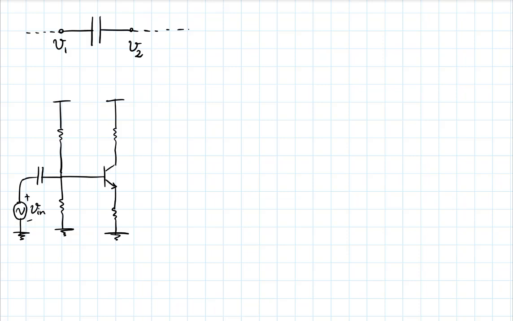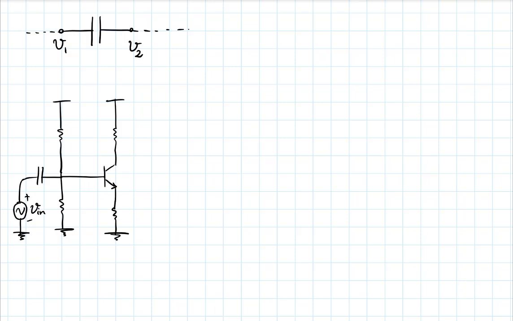The DC bias point of the circuit is determined by just these resistors. The capacitor is open in DC. On the other hand, if this V in has relatively rapid variations, those variations will be transferred to the right-hand side of this capacitor.